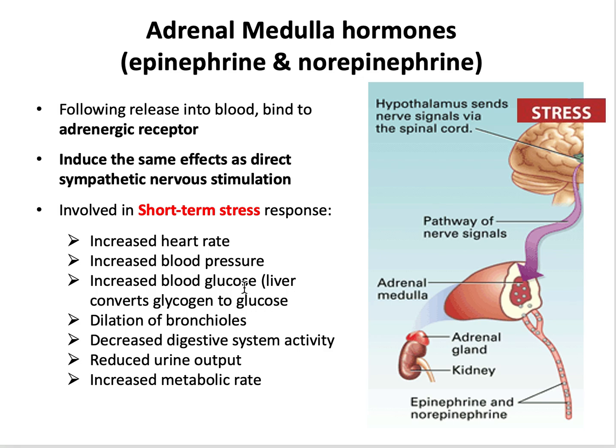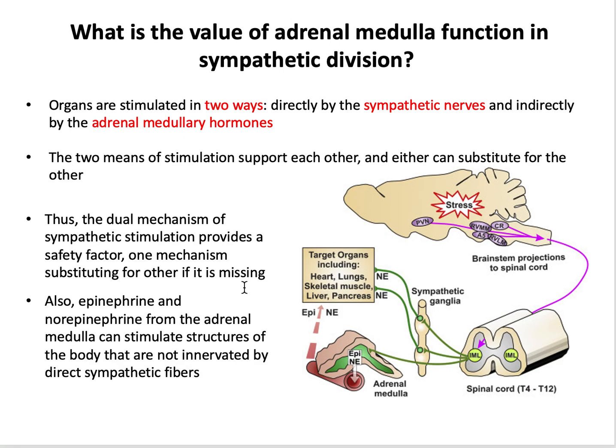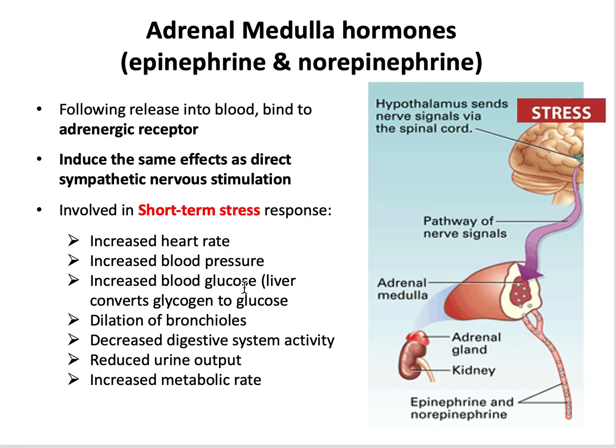And then as far as the functions of the adrenal medullary hormones, epinephrine and norepinephrine, these are going to fall in line just like the functions of the sympathetic nervous system, which we talked about in the last video for this lecture.